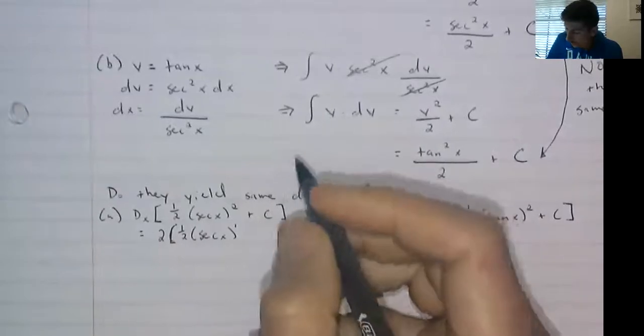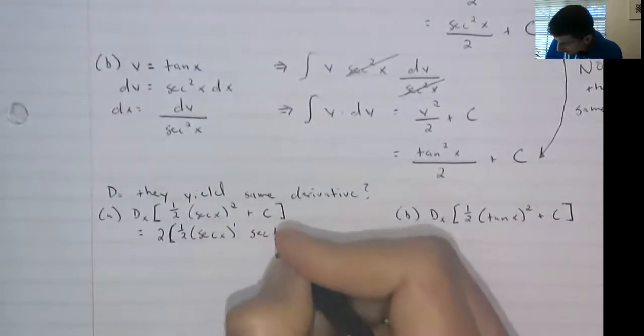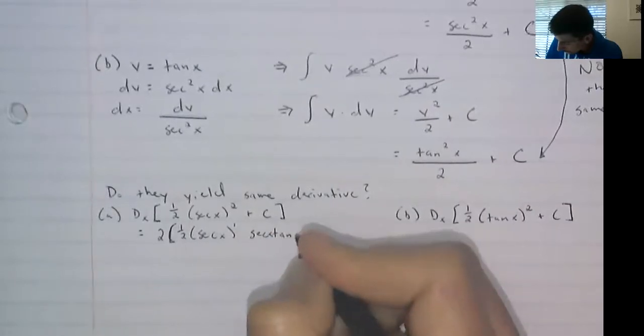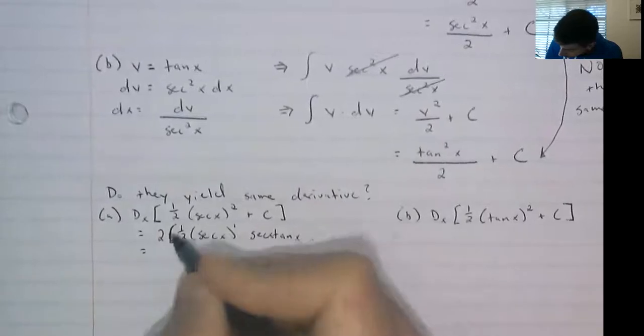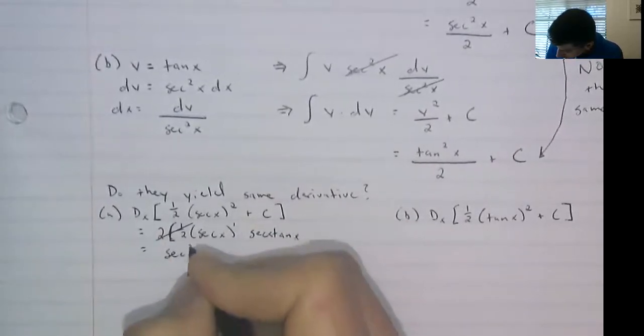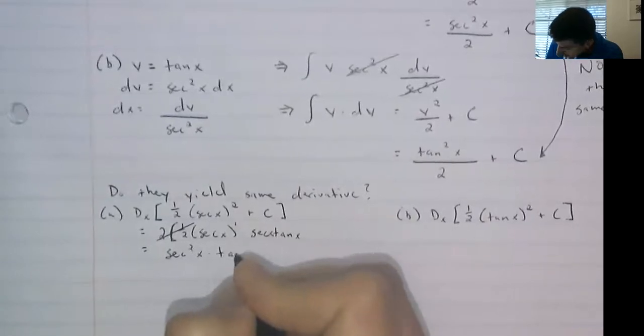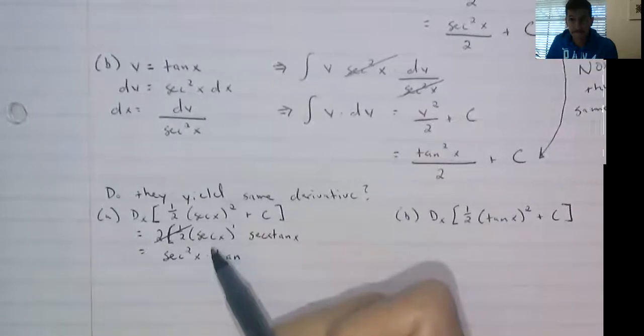The derivative of the secant is the secant tangent. The derivative of c is just 0. The 2 and the 1/2 cancel, and we end up with secant squared x times the tangent. So that one works. That gets us back to where we started.